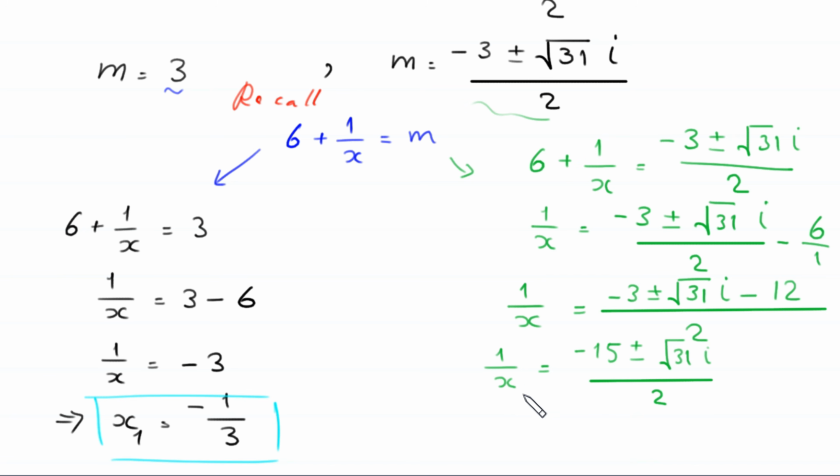If we take a reciprocal on both sides, then this implies that x is equal to 2 divided by negative 15 plus minus root 31i. This is the second and third value of x. So we have three solutions of this equation.